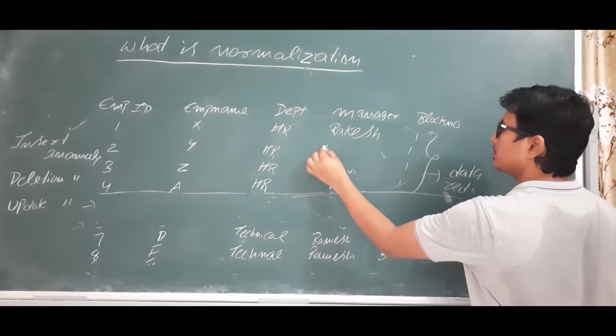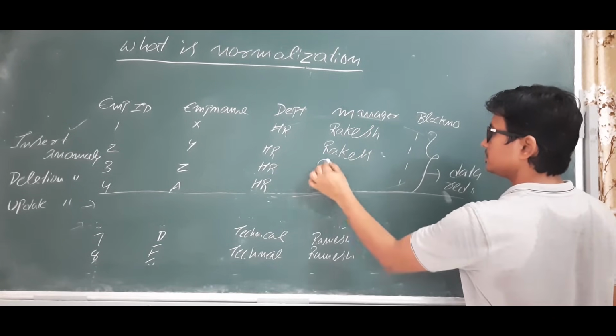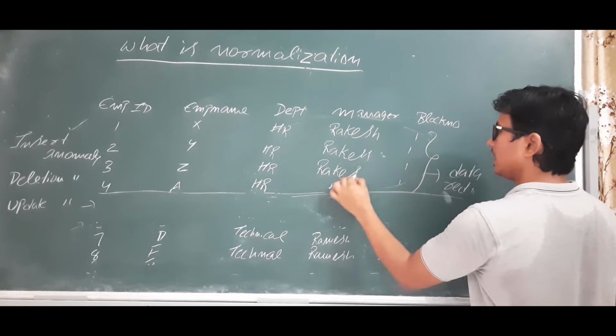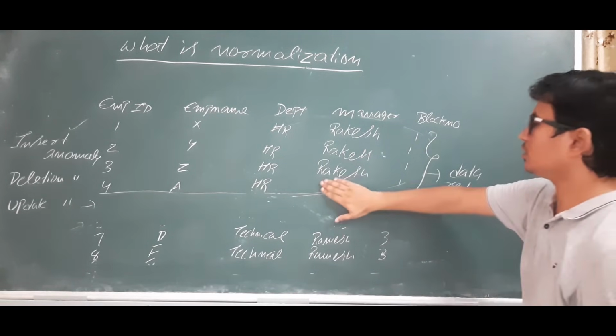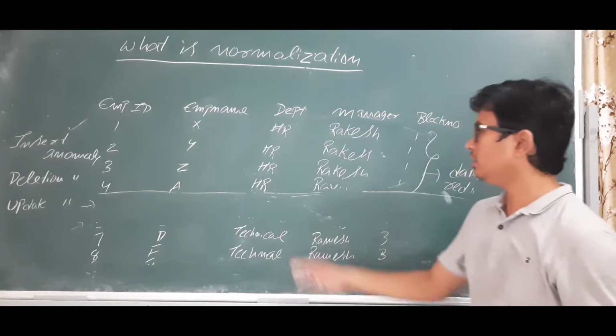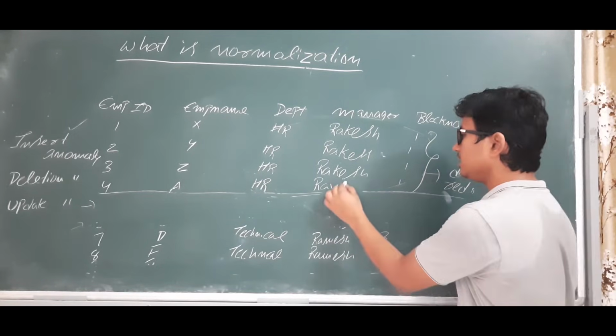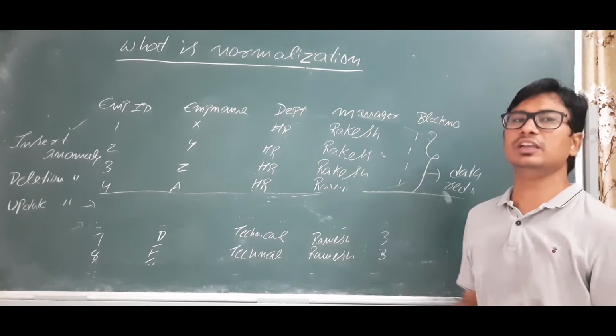So we have updated Rakesh here, like this. And he forgot to update the employee ID 4, who is working in the HR department; his manager information is still Ravi.